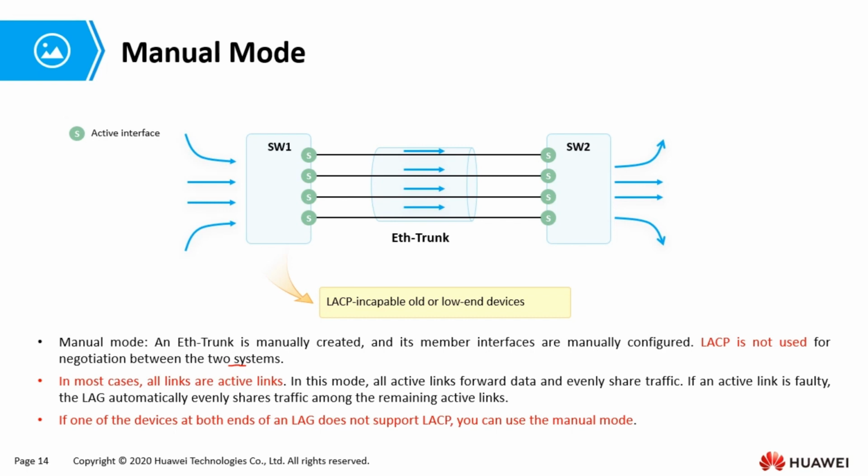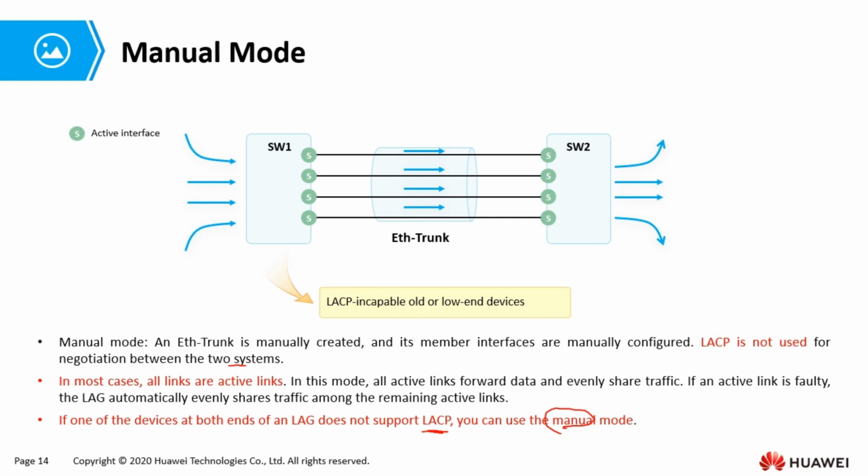Most of the time, you apply manual mode whenever you find that one of the ends of the LAG group does not support the LACP protocol. So you don't have a choice, and you have to apply manual mode. In most cases, all the links will serve as active links to forward or share your data.